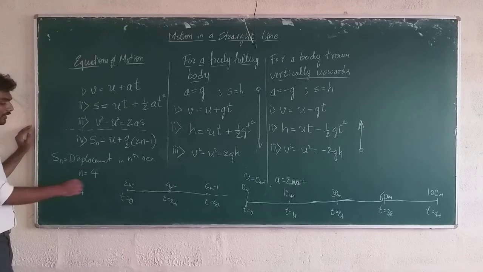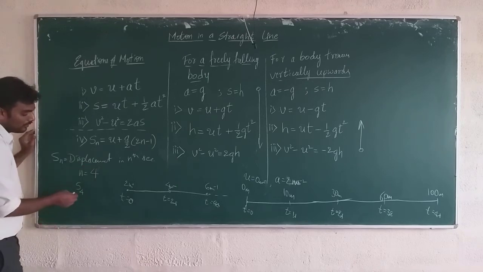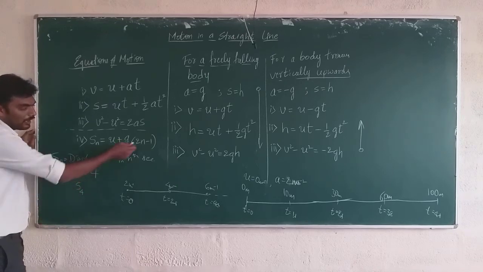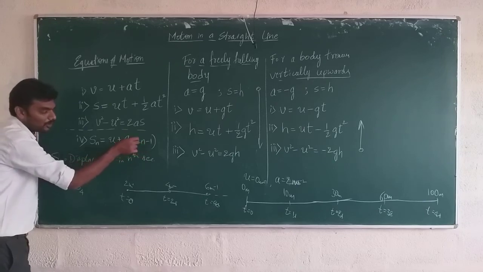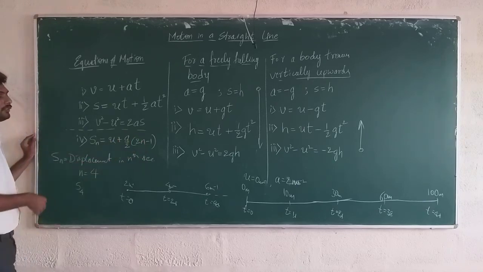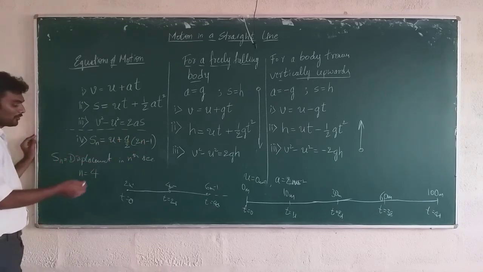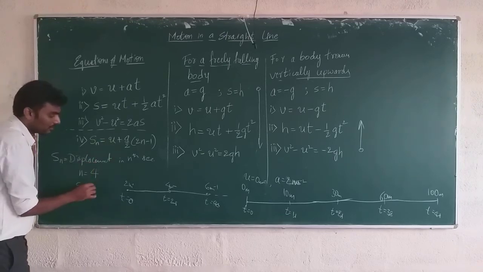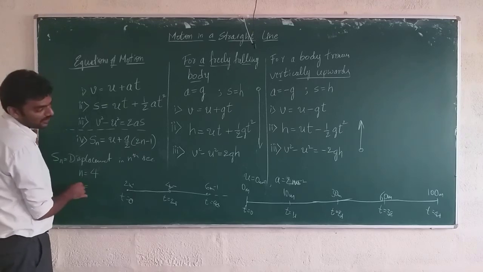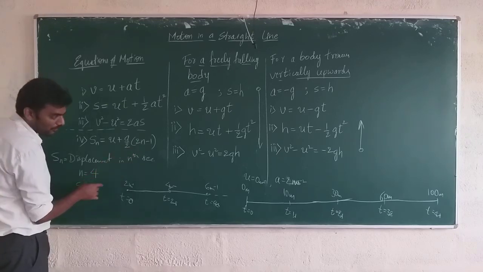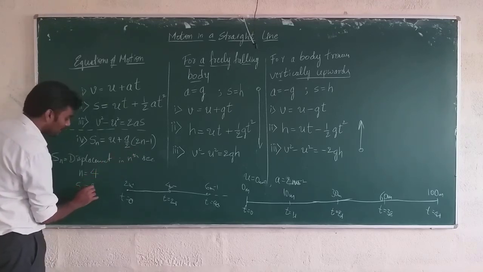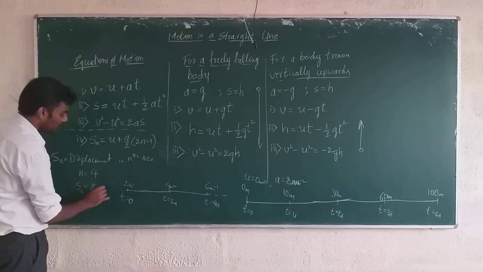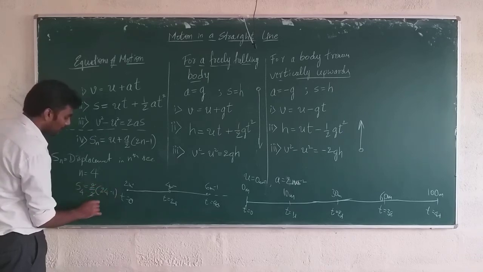Clear? Sn, S4, okay, n becomes 4, and instead of n I should also put 4 here. If I do so, I'll get how much displacement happened in the 4th second. Let us see. u is 0. It started with 0 meter per second initial speed, and then we have a by 2 into 2 times 4 minus 1.